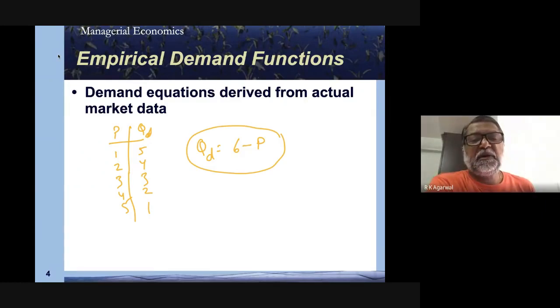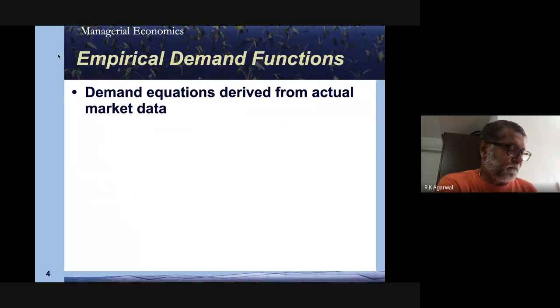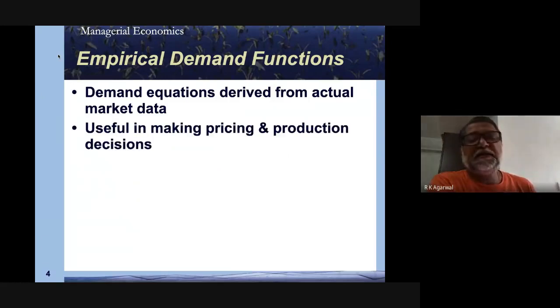This is the equation which we use for forecasting purposes. Then it is useful in making pricing and production decisions. So how? Because by changing P, you can calculate expected quantity demanded, and that will help you in taking a final call as to what should be the price point at which you should sell your product.